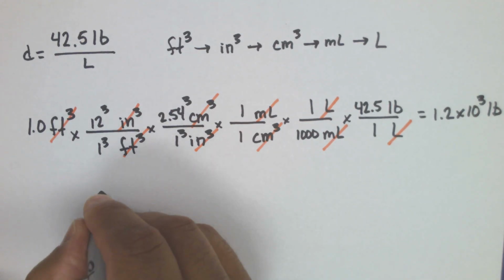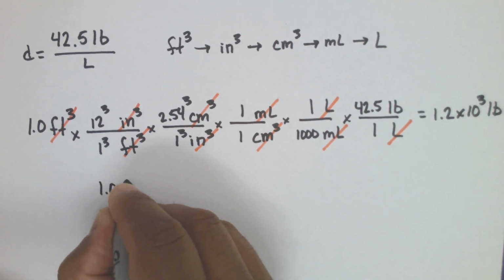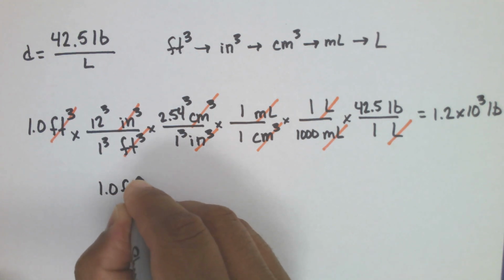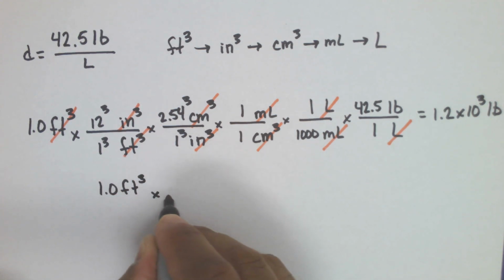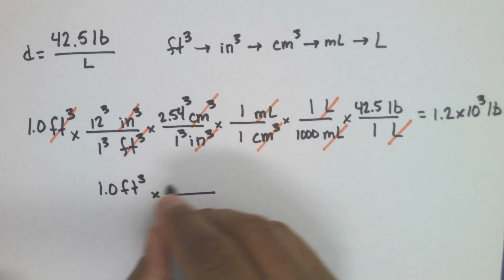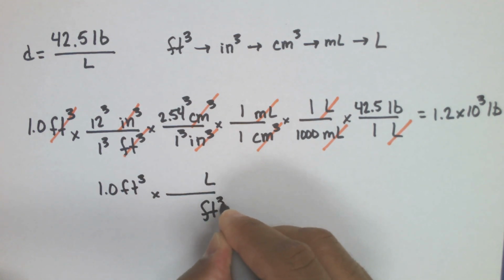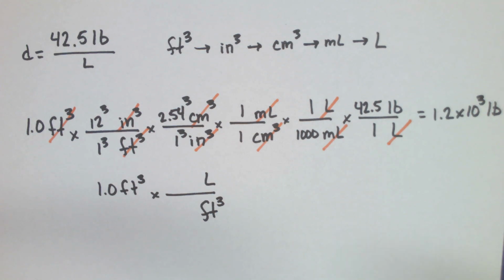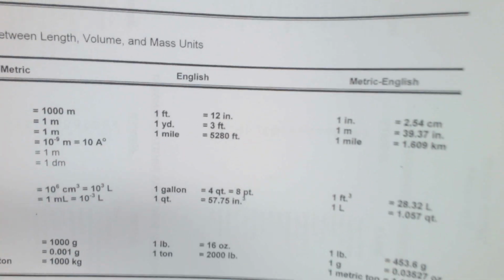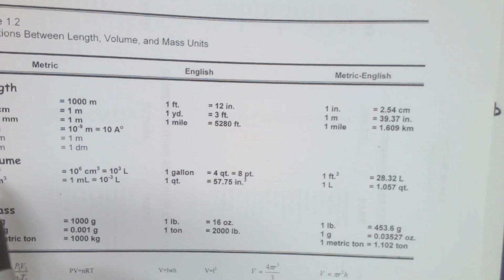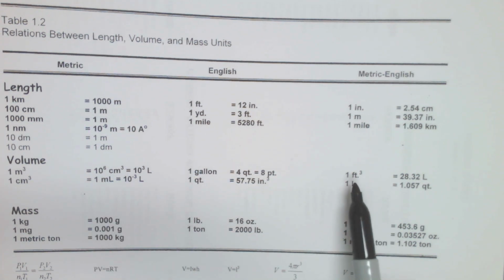I also want to show you this ratio right here. 1 foot cubed, and we'll convert this to liters and cancel the foot cubed. And in the ratios that I give my students on this table, you see the volume ratios.